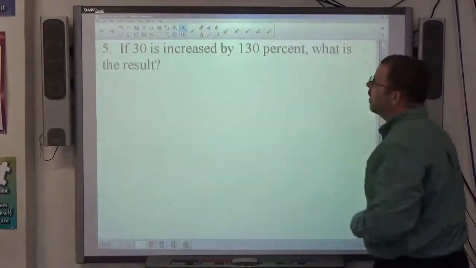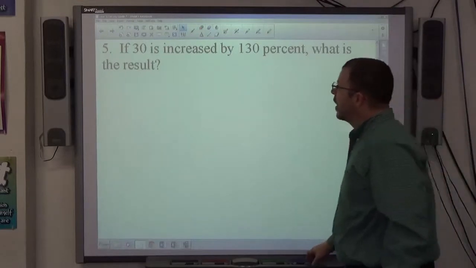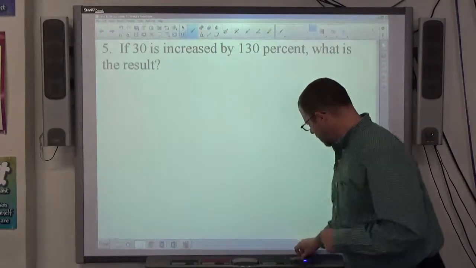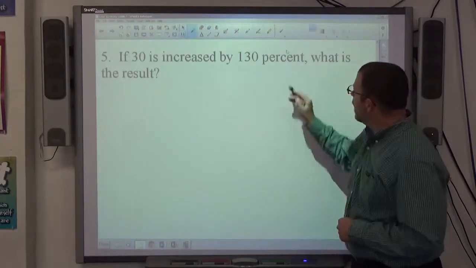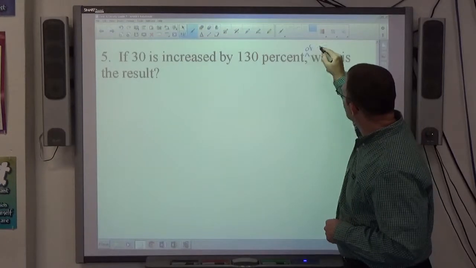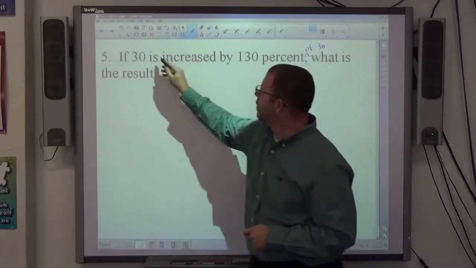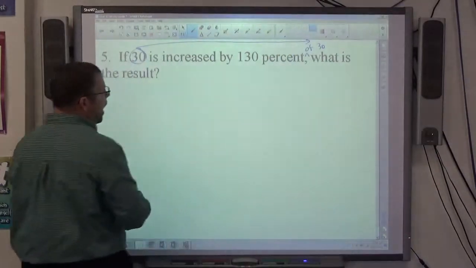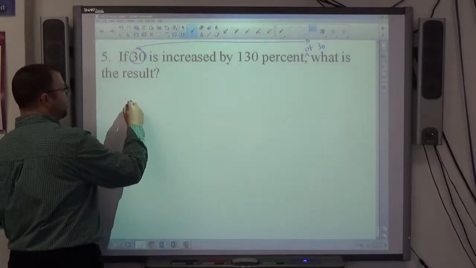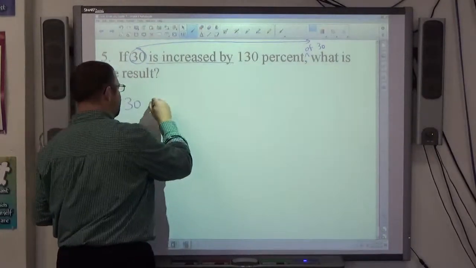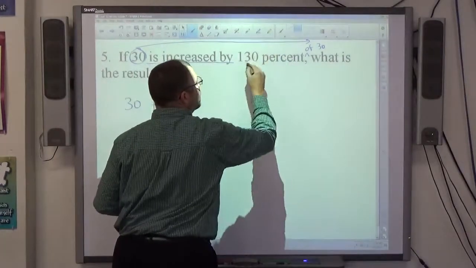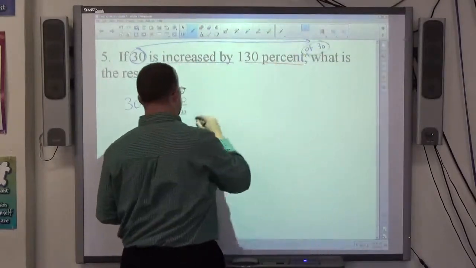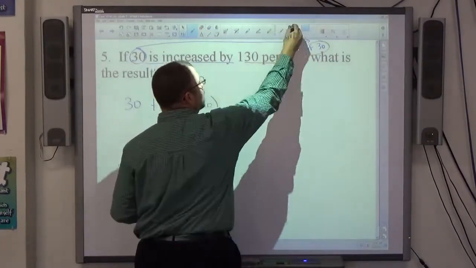Number 5. If 30 is increased by 130%, what is the result? Okay, this is the other percent type of problem that we've seen recently. Remember, it's always percent of something, and there's an implied of 30 because whatever this number is what that is. So if I just write a basic algebra statement out of this, 30 is increased by 130% of 30 equals the result.